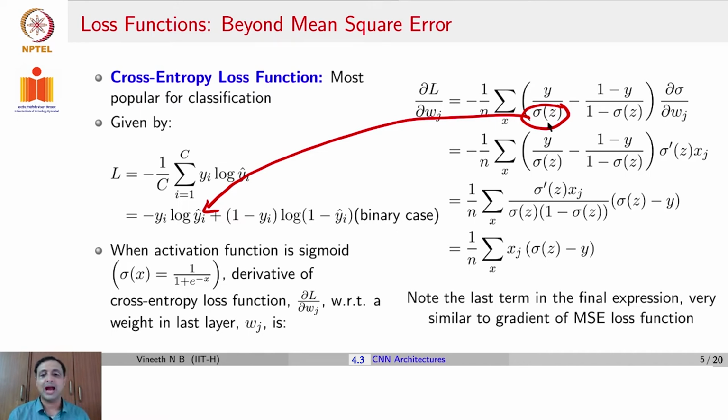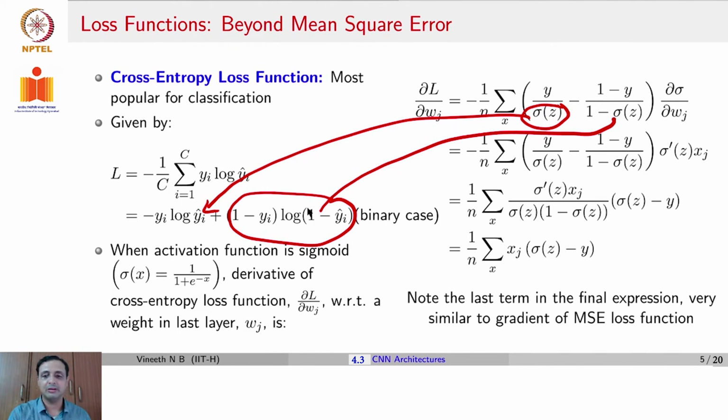So when we differentiate y log yi hat, we end up getting dou L by dou yi hat into dou sigma by dou wj, because that's what you would get when you do a chain rule. So this would give you y by sigma of z, minus the second term here, which will give you the second term in the gradient.